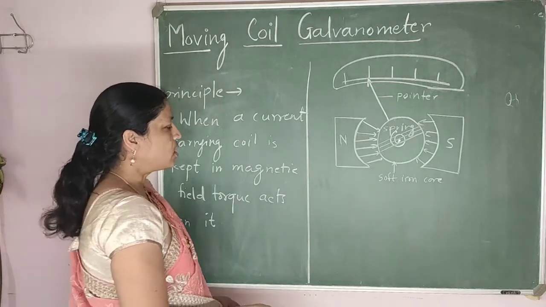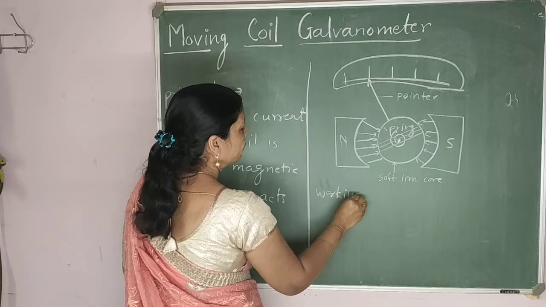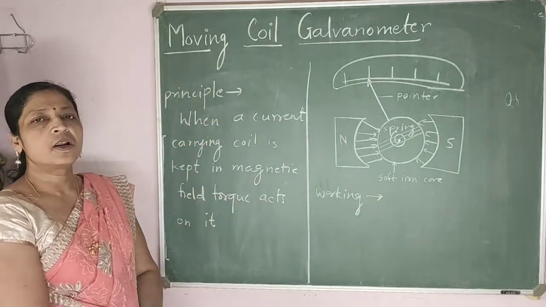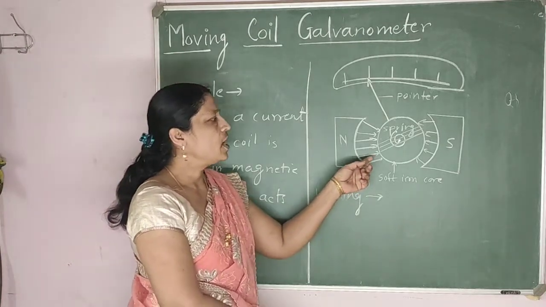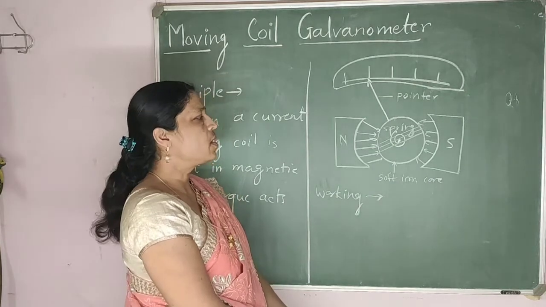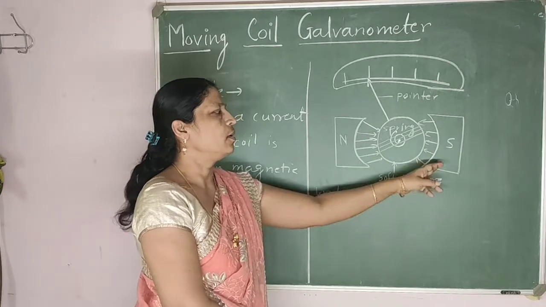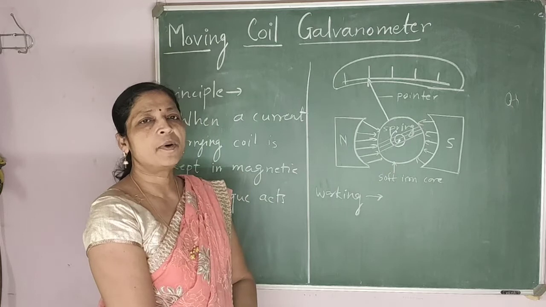Now, what is the working of this moving coil galvanometer? As you know, students, when a current carrying coil is kept in a magnetic field. Now, we are giving the current to the coil, so it becomes a current carrying coil, which is kept in the magnetic field. Then what will happen?